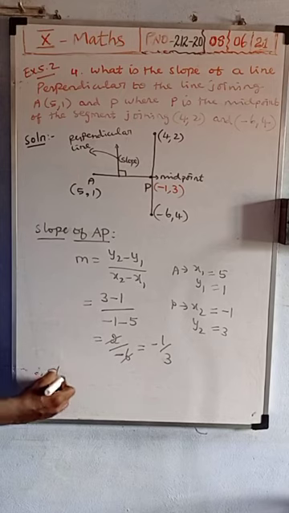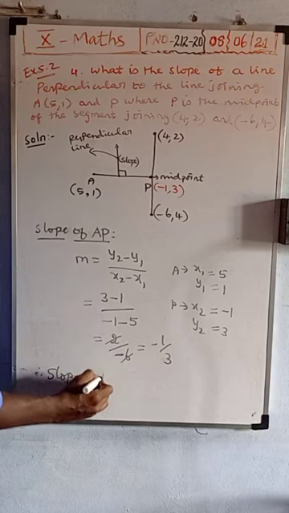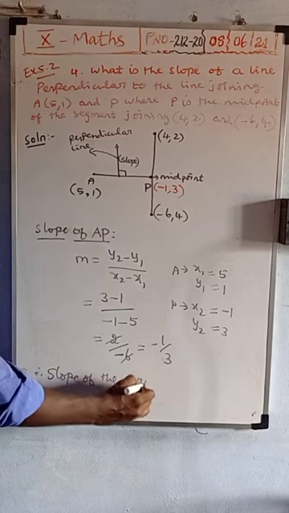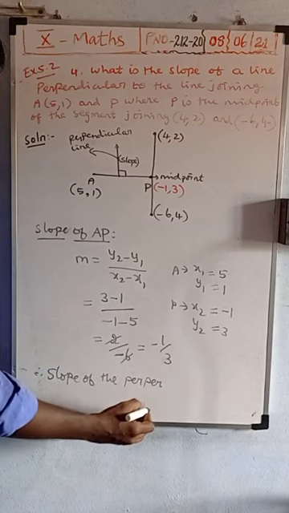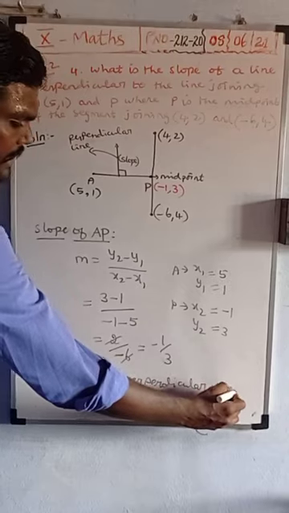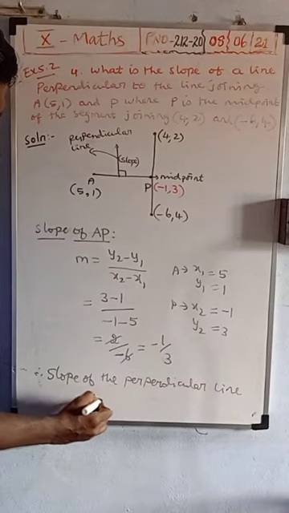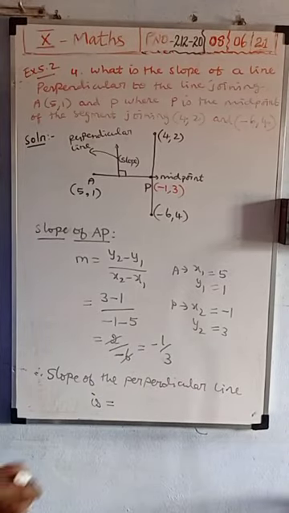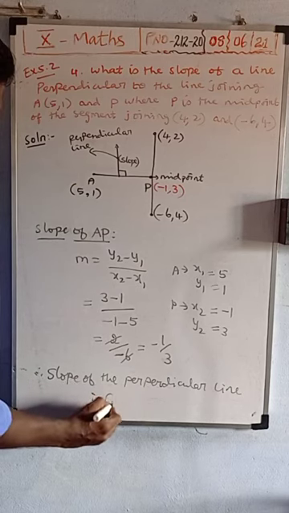the slope of the perpendicular line is, so we know what is that?